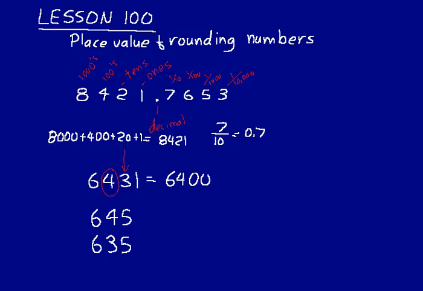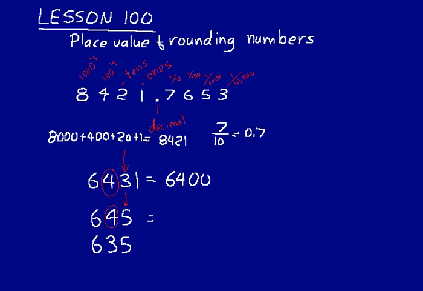Now look at these two numbers. Let's round to the nearest tens place. So that would be this place right here. And so we put an arrow over the next digit. That's a 5. And that's called a terminal digit because it is the last digit in that number. There's nothing following it. So something a lot of people do is if that circled digit is even and the next one is a 5, they just leave it alone.